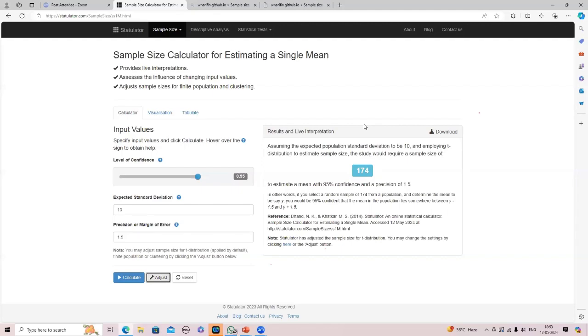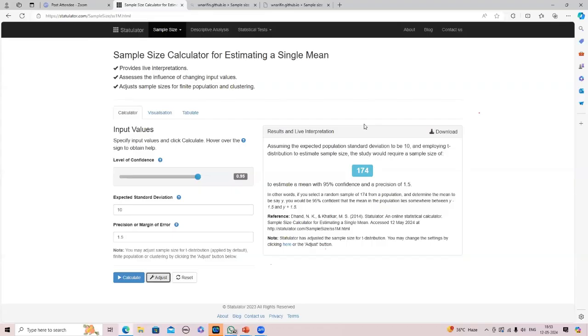So what is the T distribution and what is the normal distribution? In the normal distribution, we assume that the standard deviation is known, that the population standard deviation is known to us. That is our assumption for using the Z normal distribution. For the T distribution, we assume that the standard deviation is unknown, and we are calculating the standard deviation from the sample value.